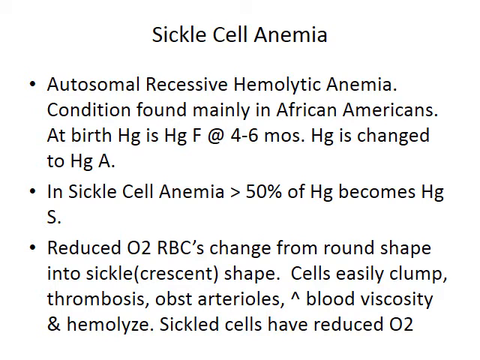So basically, something goes a little haywire, and it's most commonly found in African Americans. The hemoglobin from hemoglobin F is supposed to change to hemoglobin A, but in sickle cell anemia, that hemoglobin also changes to hemoglobin S. So for our purposes, we have our hemoglobin F for our fetal circulation.